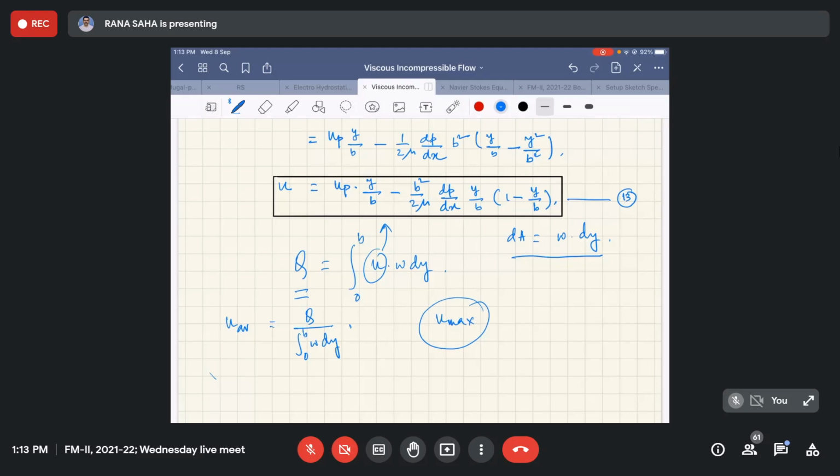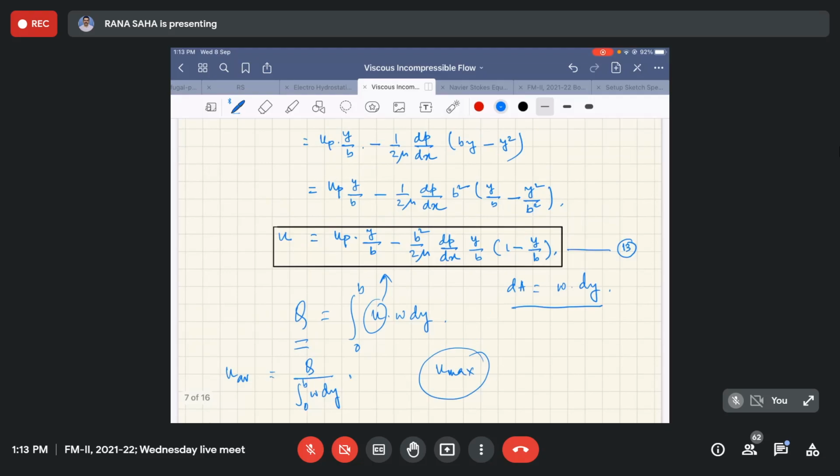Also, you may have a difference in expression in some textbook or in some other notes. That depends on how you are choosing your reference frame as well as this b.